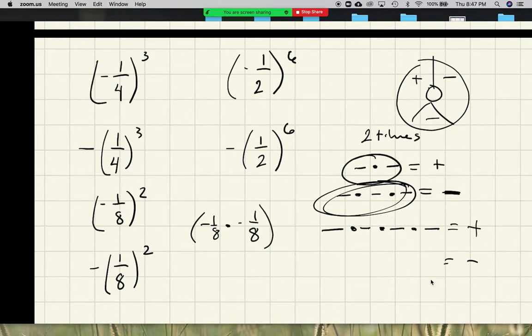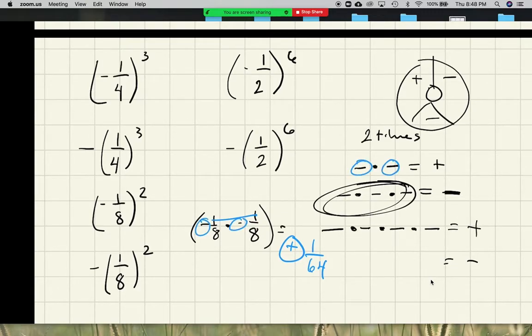Well, a negative times a negative is a positive, so my answer here has to be a positive number. Then 1 times 1 is 1, and 8 times 8 is 64. But my answer has to be positive because I have a negative times a negative.